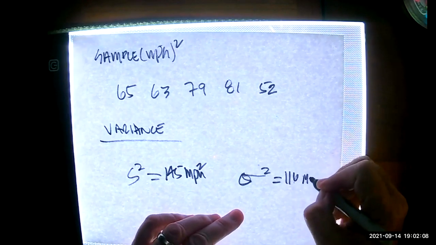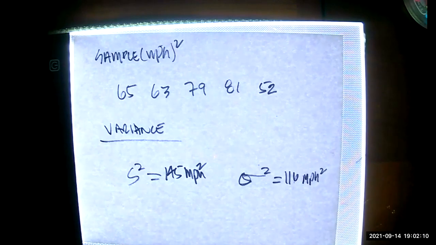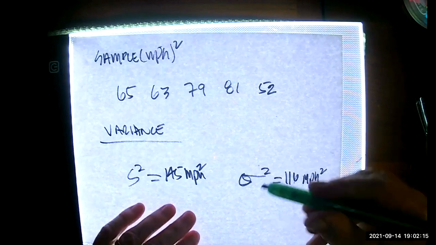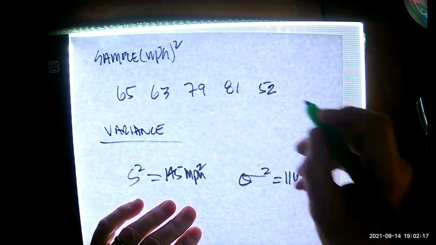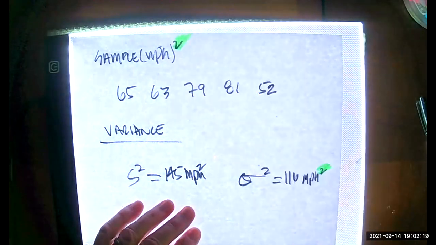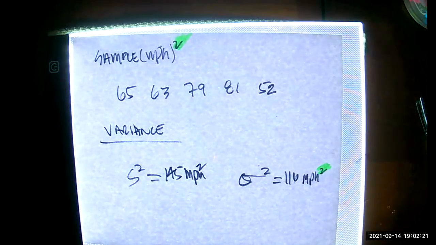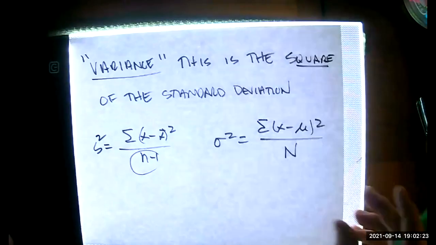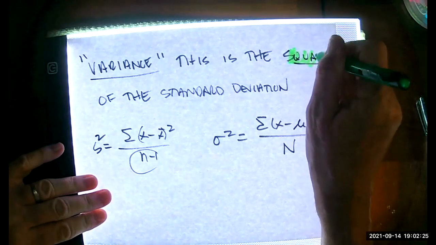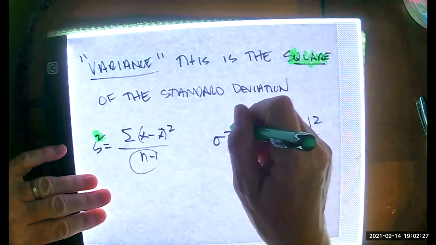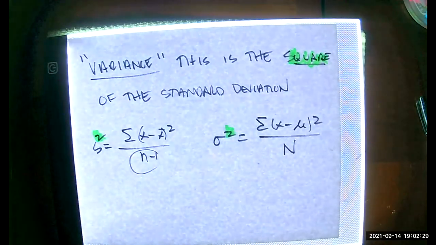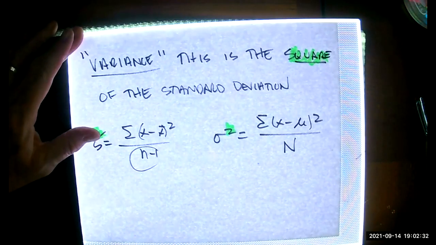You'll note the square. That's because we have to square the formula for the standard deviation. That gets rid of that square root you saw on the previous screen.